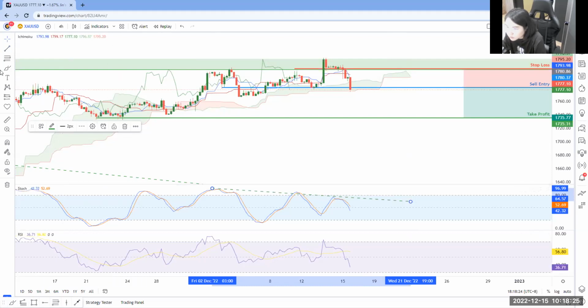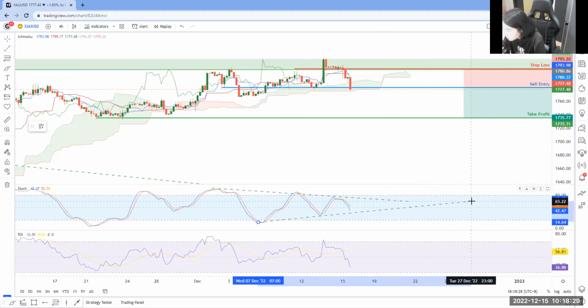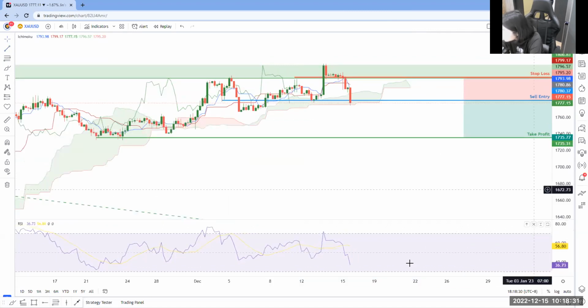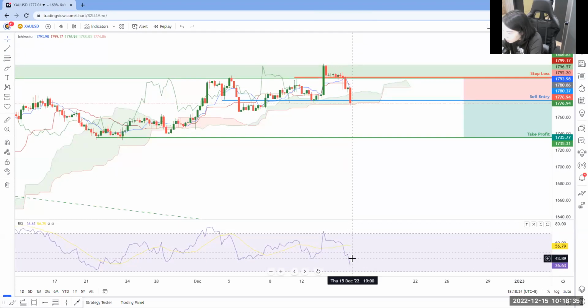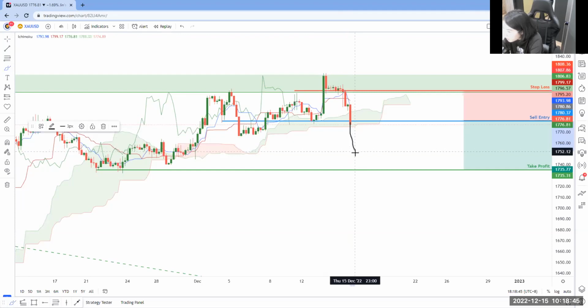That's totally fine. Stochastics isn't showing much other than that we need a breakout. Okay, so yes, for sure, what we're looking for is a proper break of this area, retest of this area, and then at the retest, we're going in for a sell.